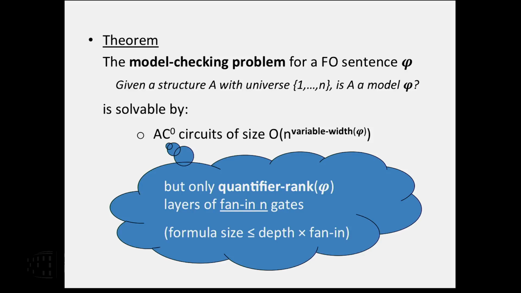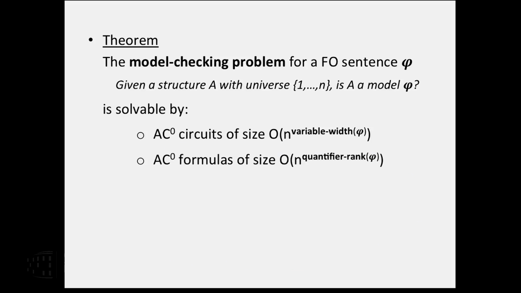If you were to take these circuits and transform them into formulas by just making them tree-like, then the formula size is bounded by depth times fan-in. So we can also say that the model checking problem is solvable by AC0 formulas of size n to the quantifier rank. So this is the connection between circuit size and variable width, and formula size and quantifier rank. And of course, quantifier rank is always at least variable width, and formula size is always at least circuit size.